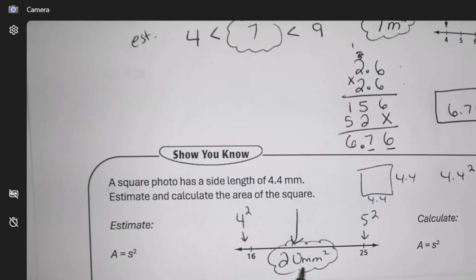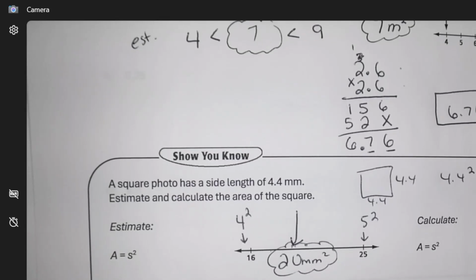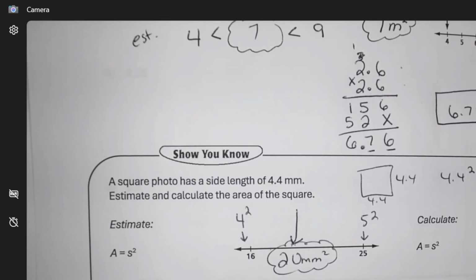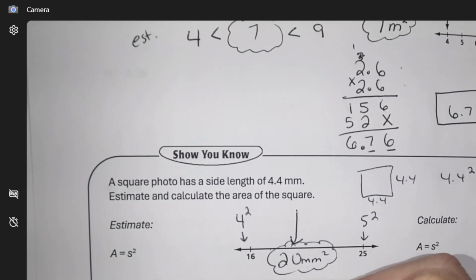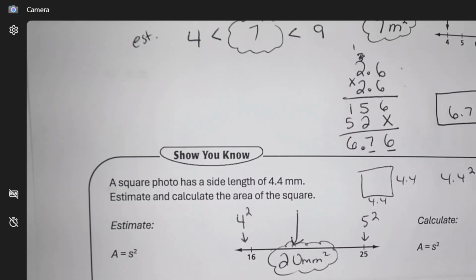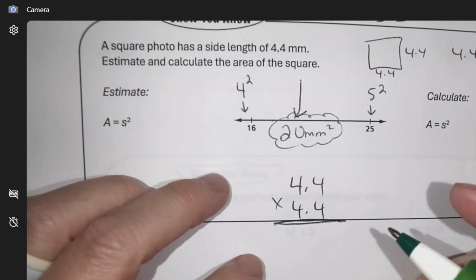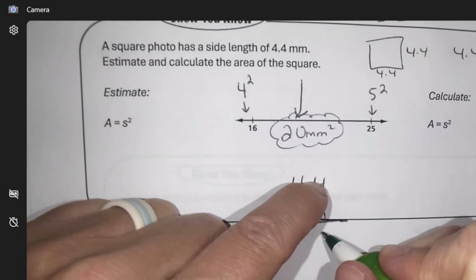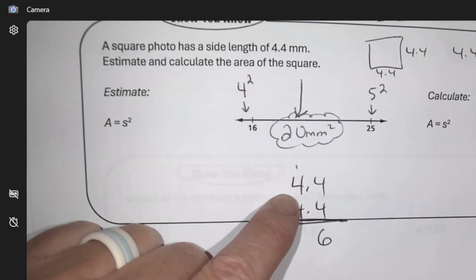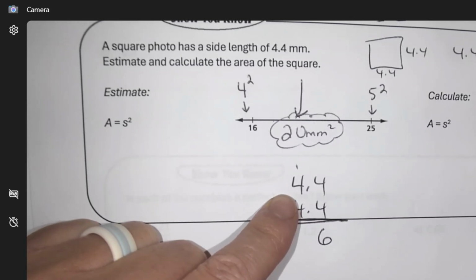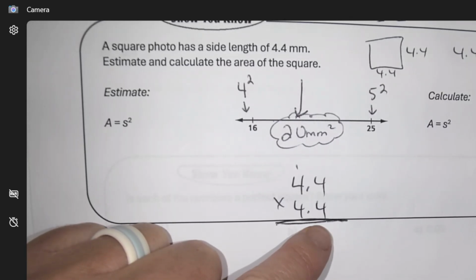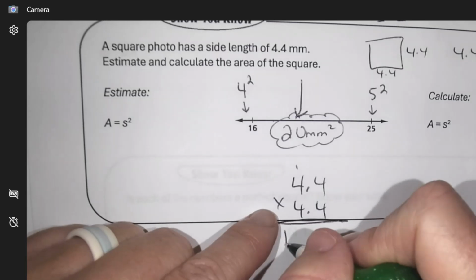Okay, and did you notice I wrote millimeters squared? Okay, let's try the actual here. 4.4 times 4.4. 4 times 4, 16. 4 times 4 and 1 more, 17.